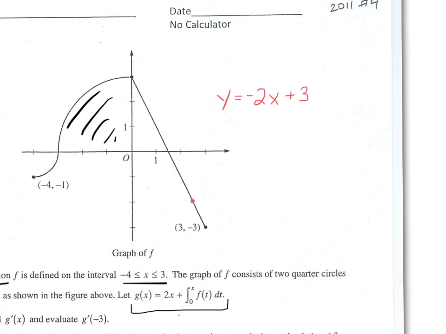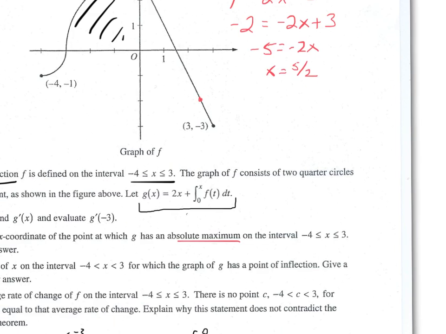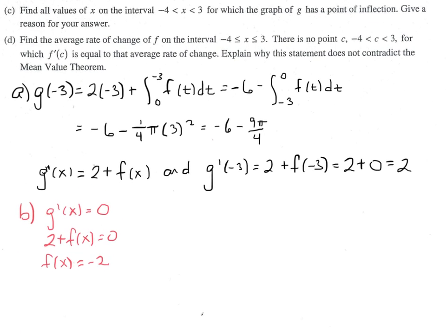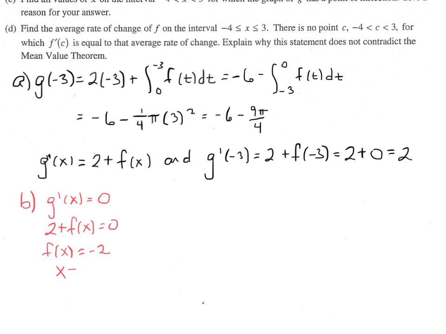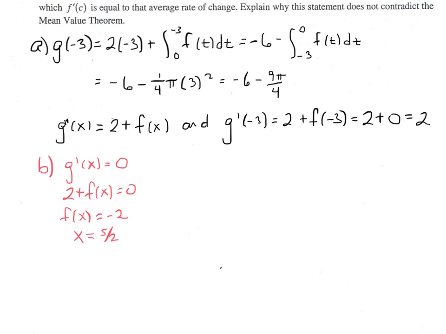So now we want to know when f of x is equal to -2, subtract 3 from both sides, so that happens when x is 5/2. So back down here, f of x is equal to -2 when x is 5/2. So now it would be good to know what's happening with g of x on the interval from -4 to 5/2, and then from 5/2 to 3 we're going up to.